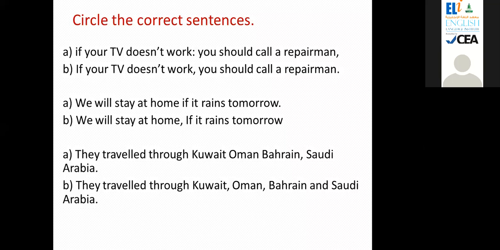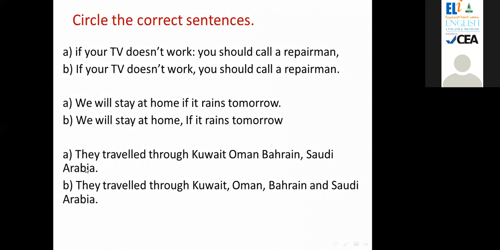We don't need the comma. So we start with the main clause with a capital letter, and we don't need the comma. And then we put if in small letter, and then we complete the if clause and end with a full stop.